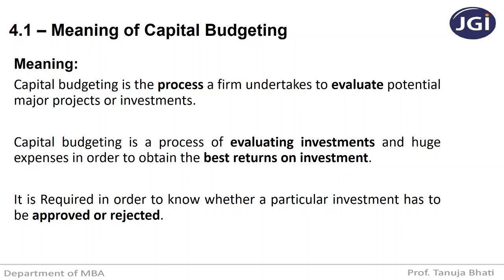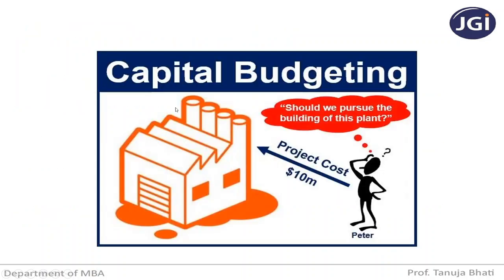And the firm's investment decisions, as I already told you all, could include expansion, acquiring something, modernization, or replacement of the long-term assets. So in short, in this image you can see that capital budgeting is, the firm, this is Peter, but you can assume it as the firm, whether the firm should invest in the project if the project cost is going to be $10 million.